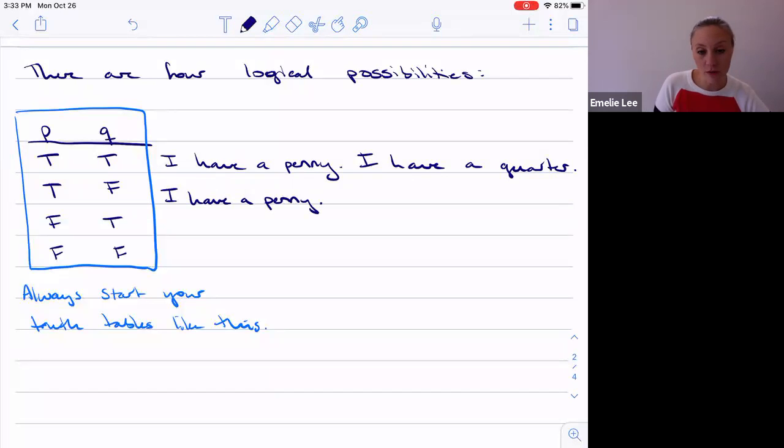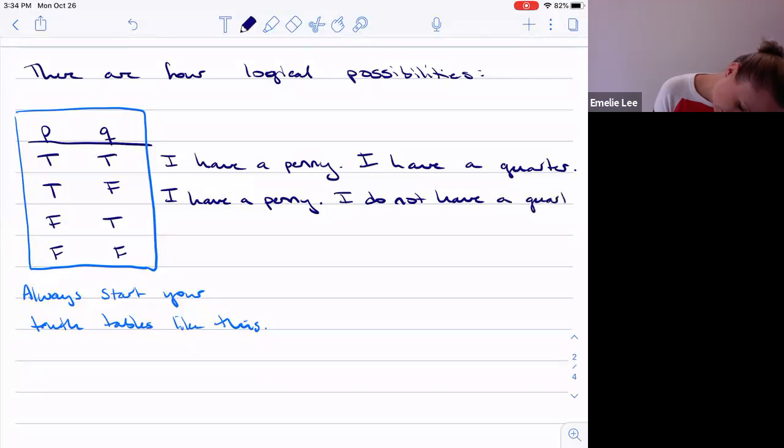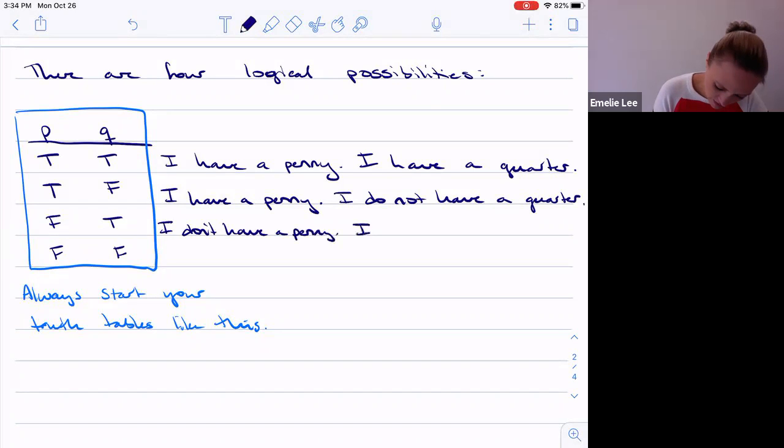But then if Q is false, then I do not have a quarter. Now I don't have a penny, but I do have a quarter, right? And then finally, I don't have a penny and I don't have a quarter. I guess I shouldn't say don't, it should be do not.